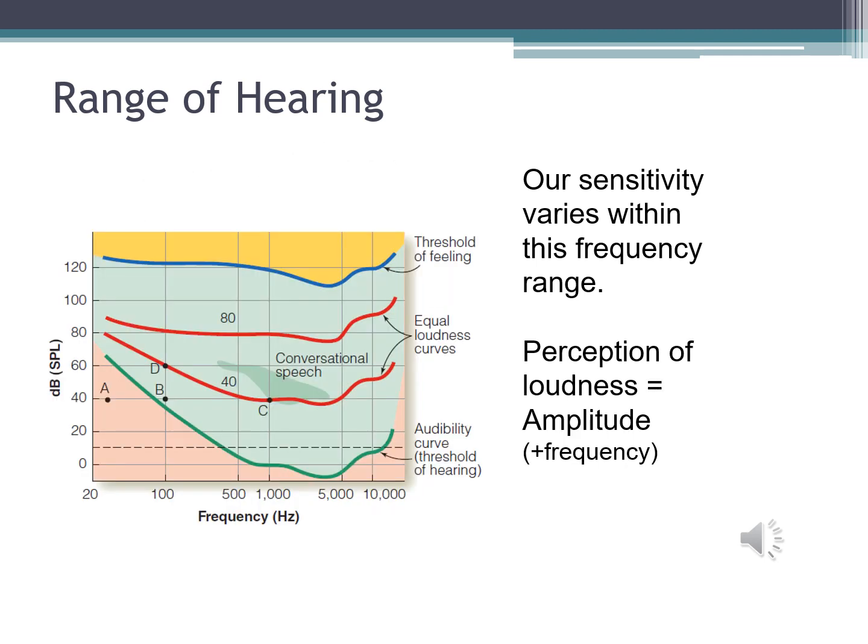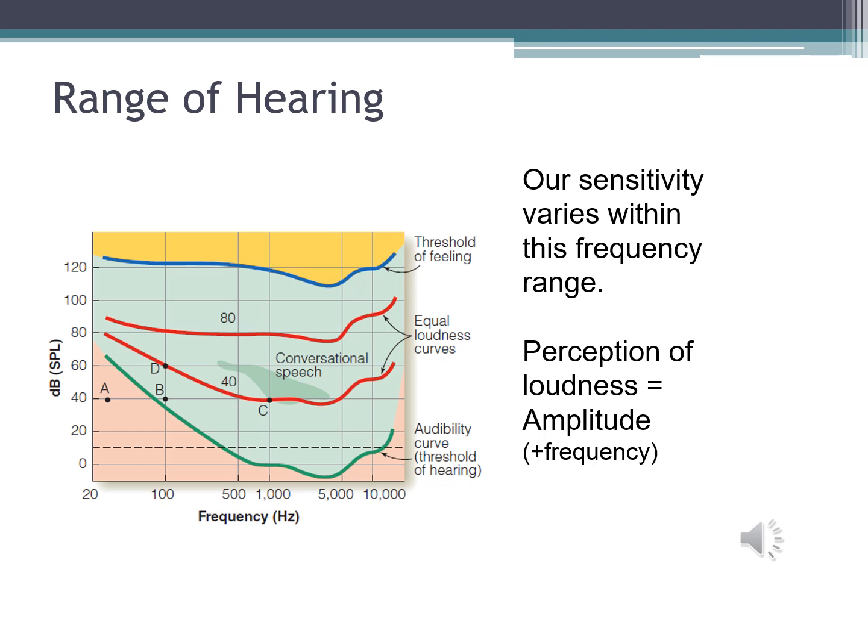One of the things the Goldstein book does very well is show why our perception of loudness isn't strictly amplitude, but we also have to consider frequency. Look at that letter A there, let's say that's 27.5 hertz, close to 20 hertz.